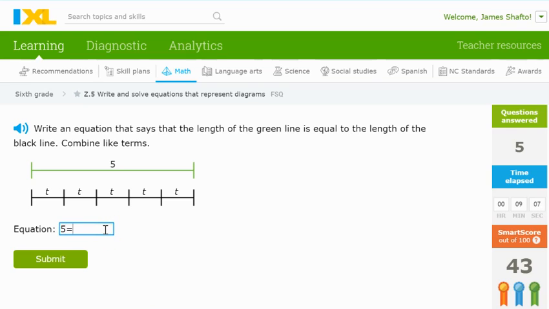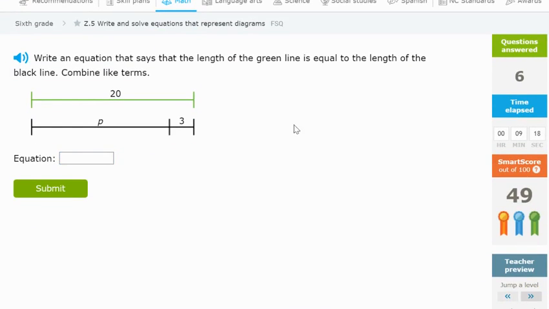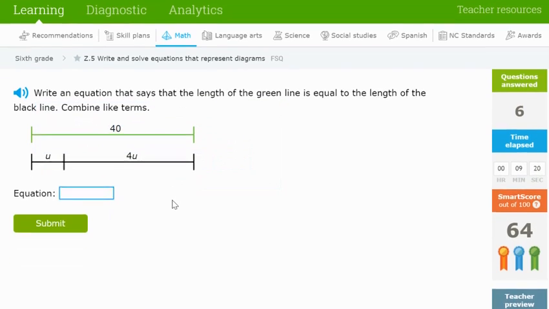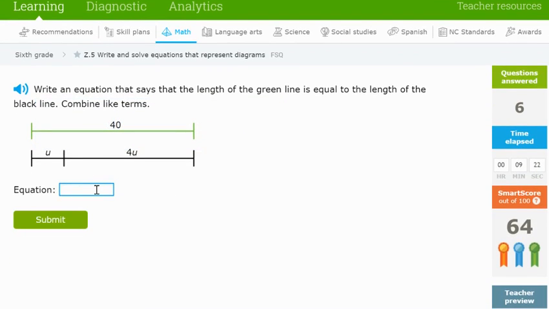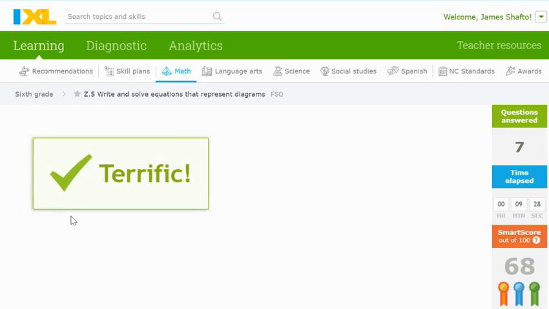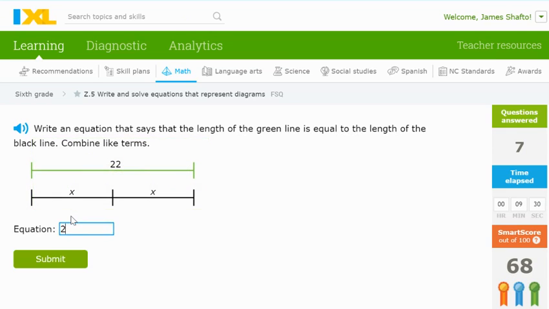I have 5 equals 1, 2, 3, 4, 5 t's. Let's skip ahead. So on this level, I would write 40 equals, and if I have 4 u's and then another u, that makes 5 u's. And on this section, I'll have 22 is equal to 2 x's.